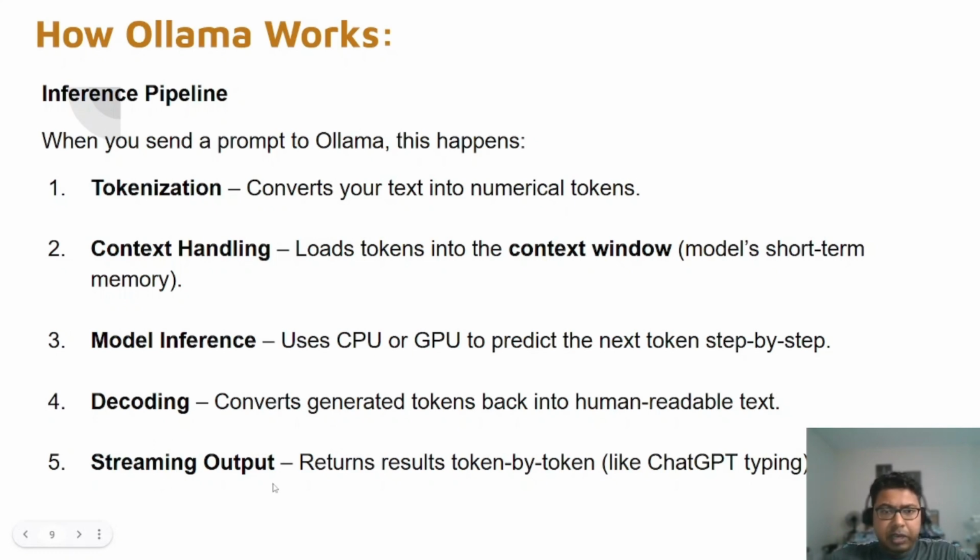Next is streaming output. Once it's decoded, instead of showing the whole output at a time, it can convert the text as a stream, and like ChatGPT, it can respond word by word. That's the streaming output.